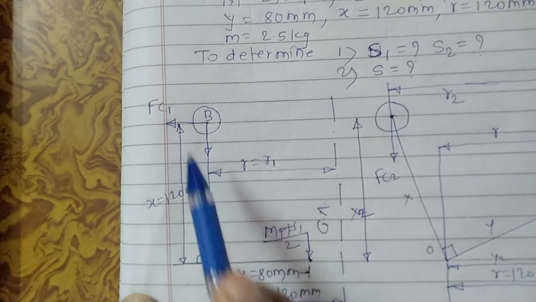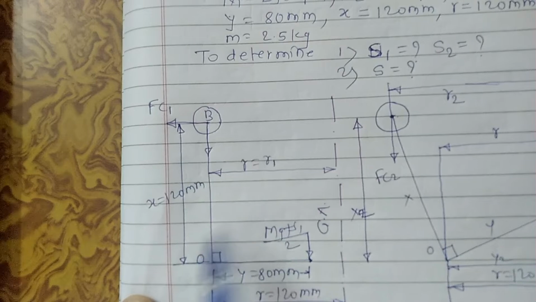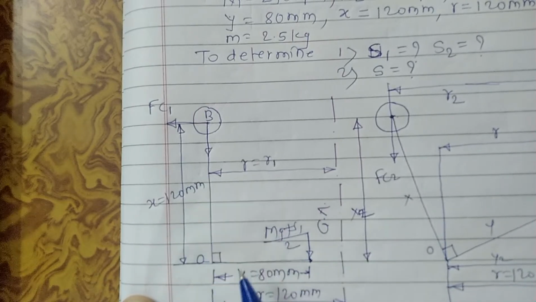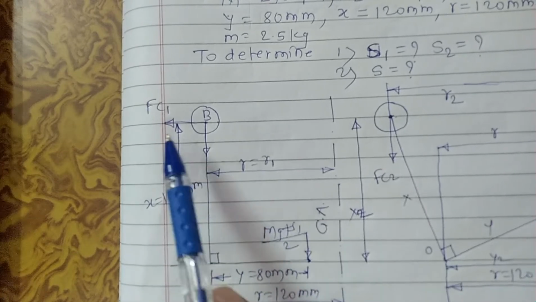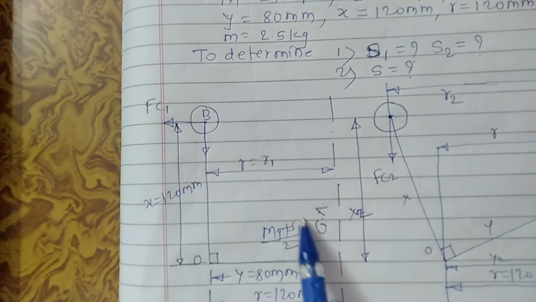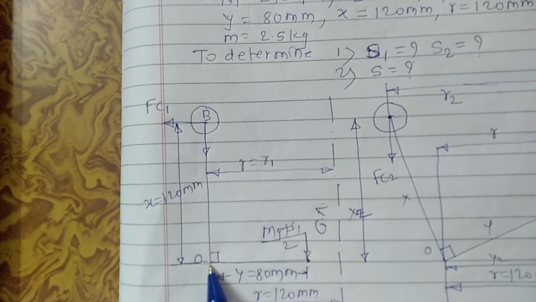Here in this case this line is parallel with this line, so x and x1 and y and y1 become the same. So you have to take the moment of this Fc1 and this force about this point and just equate it.